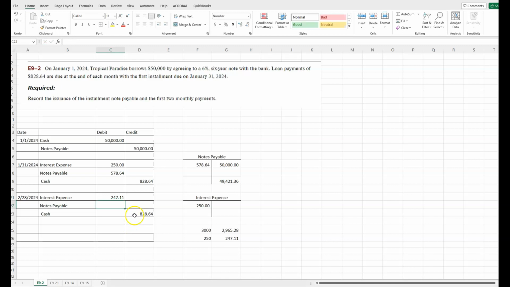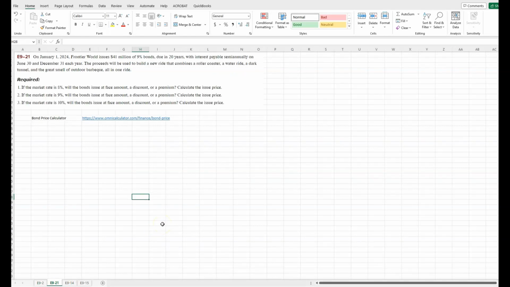The difference between the interest expense and the amount we paid is the amount that reduces the principal, $581.53. Our new balance then is $48,000. Okay. We're going to take that out so I can leave these in here for you. So that's installment note payable.